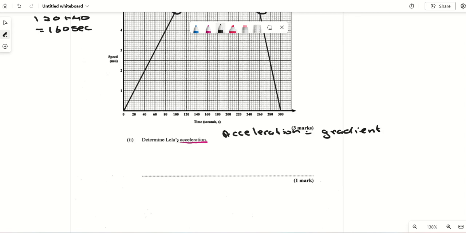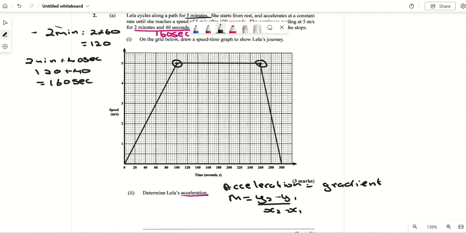We know your gradient, or m, is equal to y2 minus y1 all over x2 minus x1. That means we have to find two coordinates on this line that is accelerating, because the acceleration was from 0 to 100. So we are going to get 2 points on that first line.